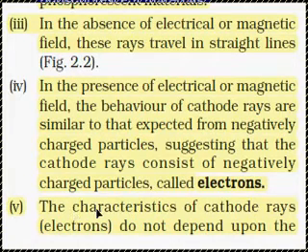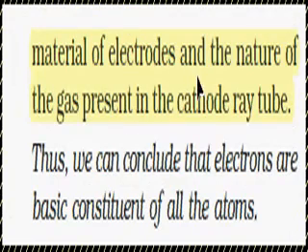Number 5, the characteristics of cathode rays, that is electrons, do not depend upon the material of electrodes and the nature of the gas present in the cathode ray tube. Thus, we can conclude that electrons are basic constituent of all the atoms.